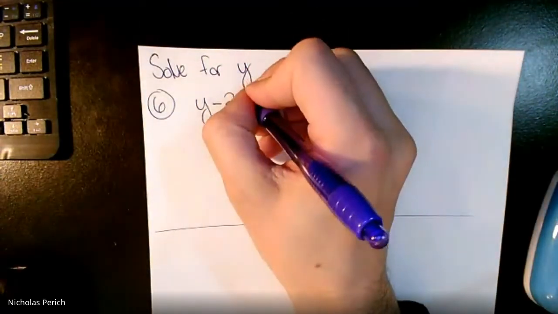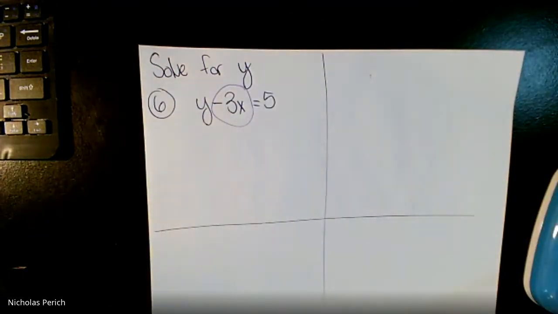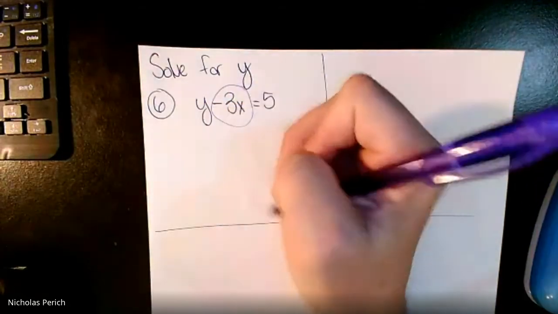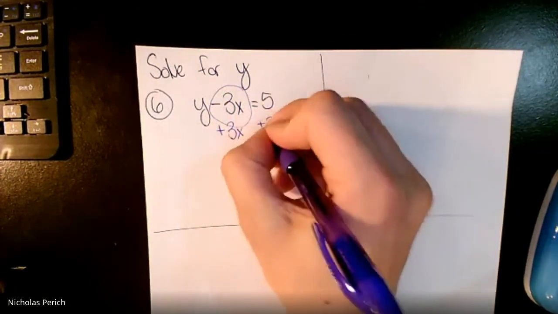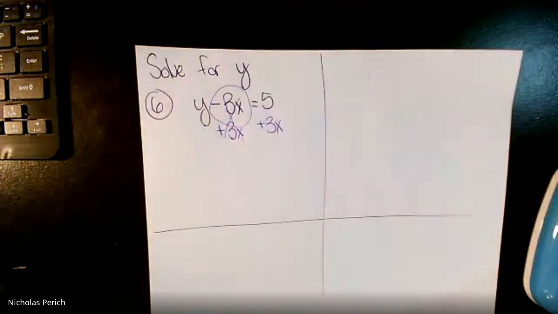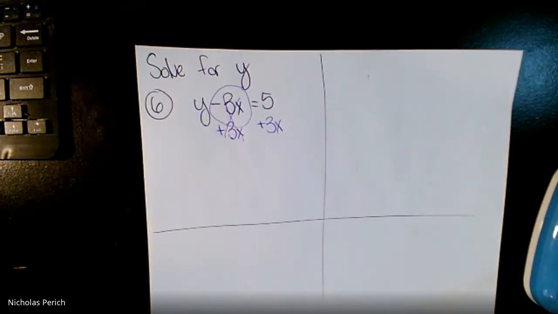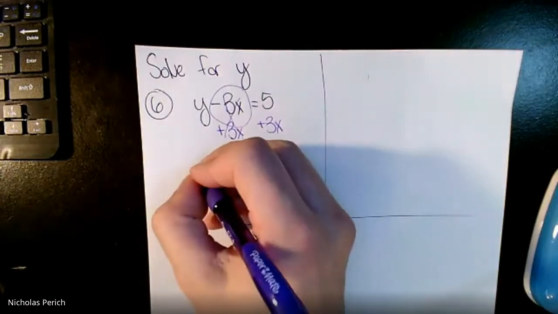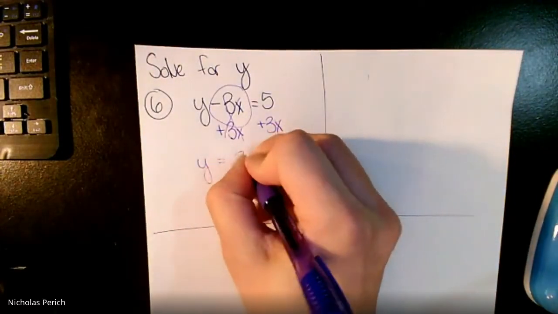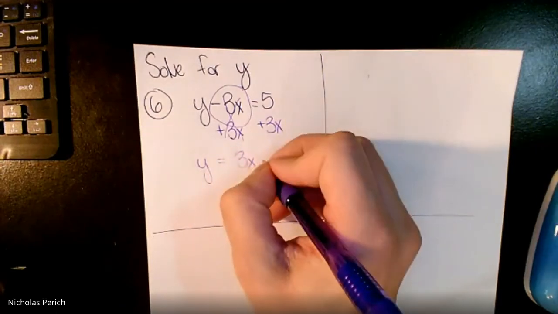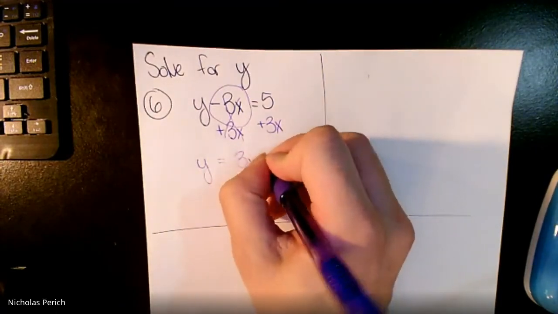I have a negative 3x that's just floating around, minding its own business. I have to get rid of it. How? Add 3x to both sides, cross out. That leaves me with y equals 3x plus 5.